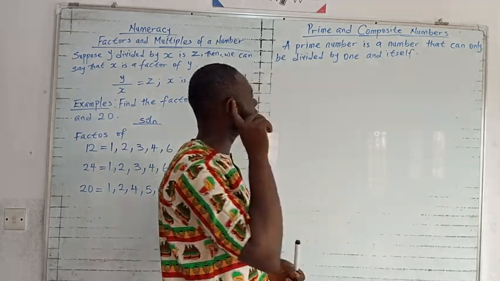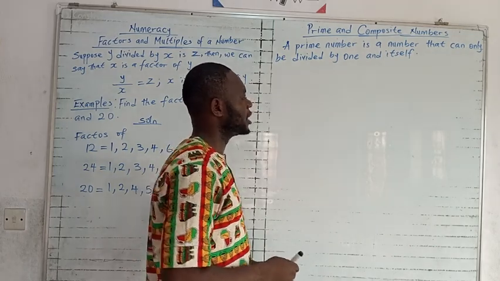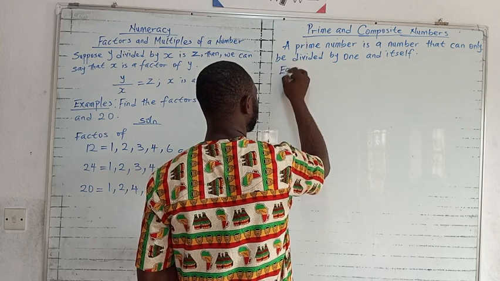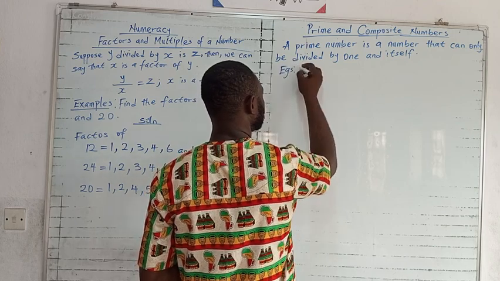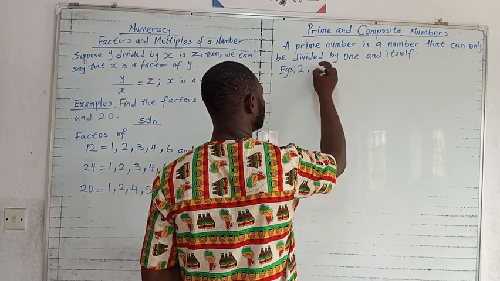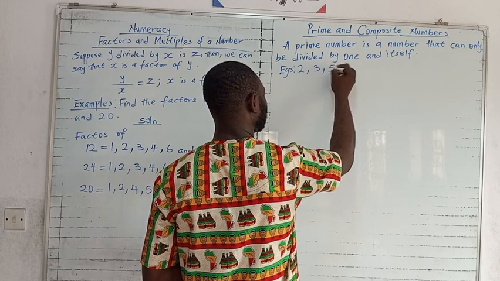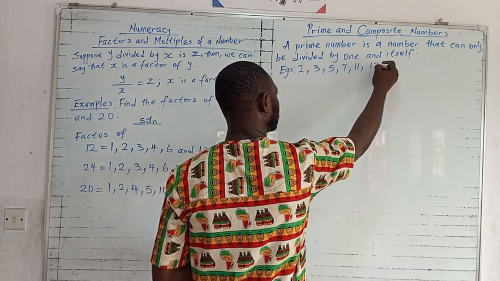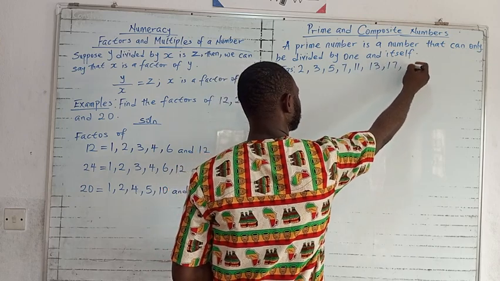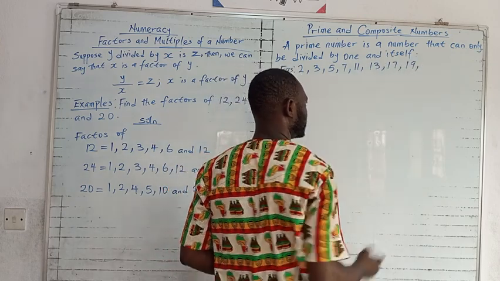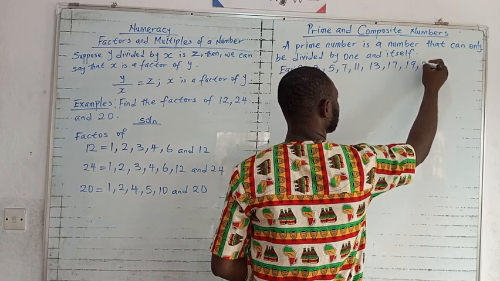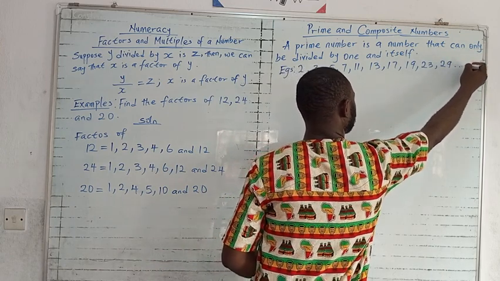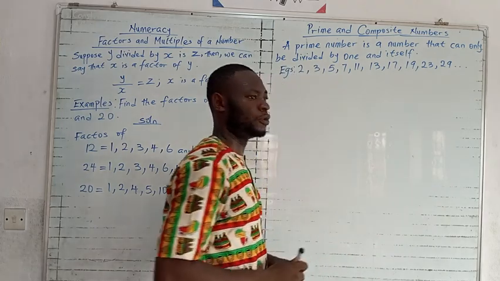Prime numbers are numbers that can only be divided by 1 and itself. Examples are 2, 3, 5, 7, 11, 13, 17, 19, 23, 29, and so on and so forth.